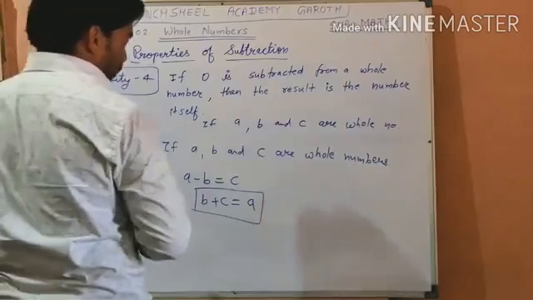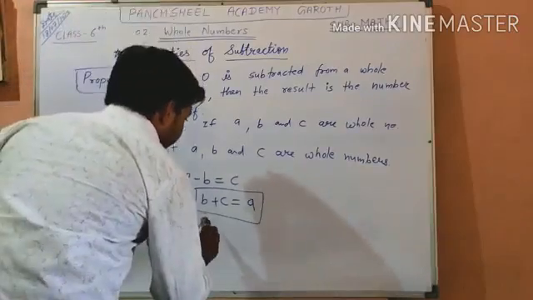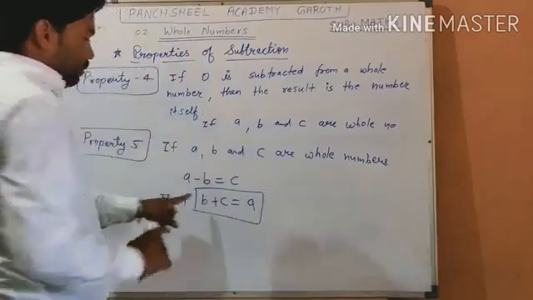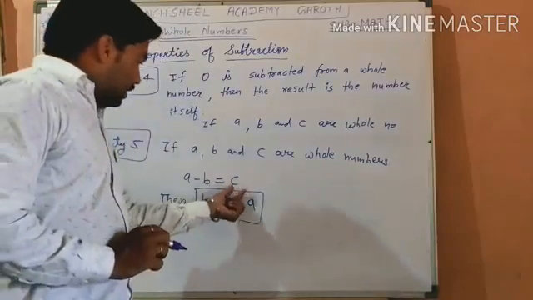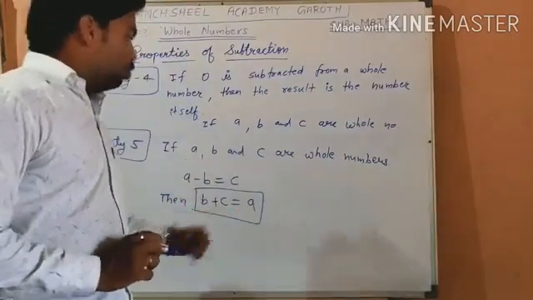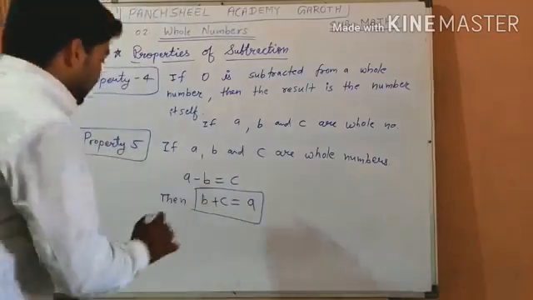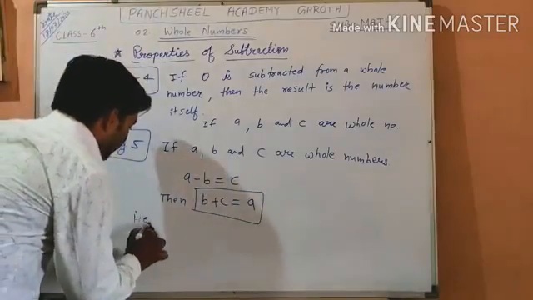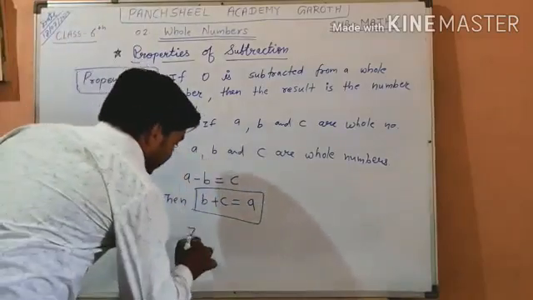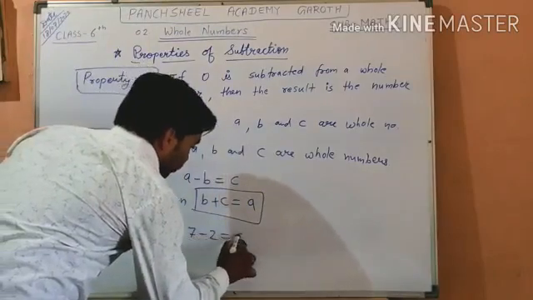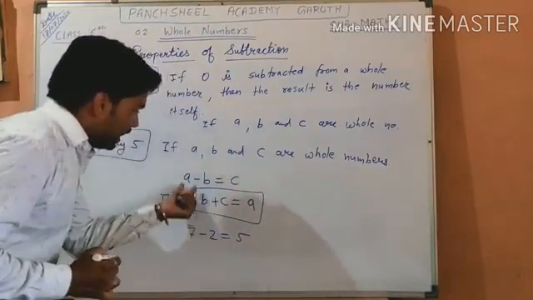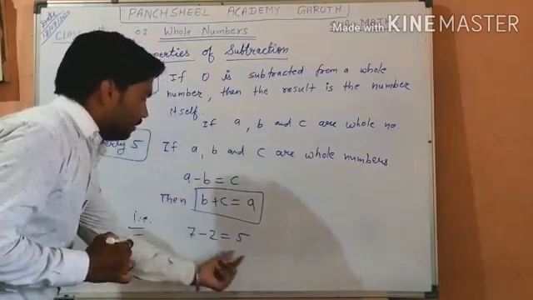And also we can say if a minus b equal to c, then this b is added, b plus c equal to a. This is property 5. Let's have an example that 7 minus 2 equal to 5. So 7 is a, minus 2 is b, 5 is c.